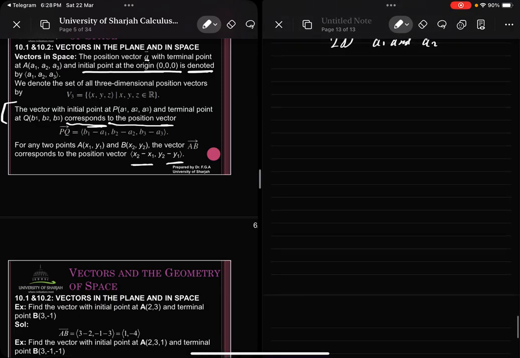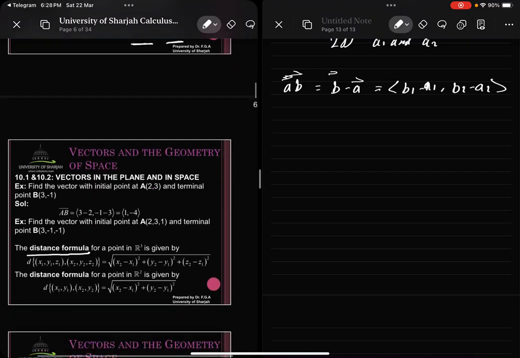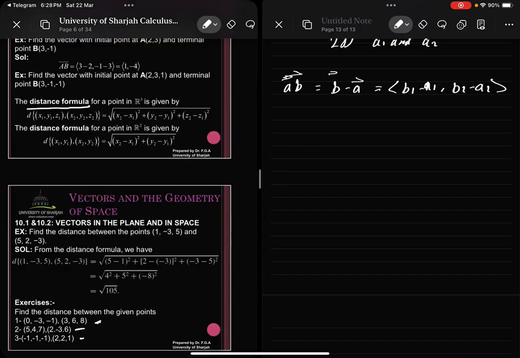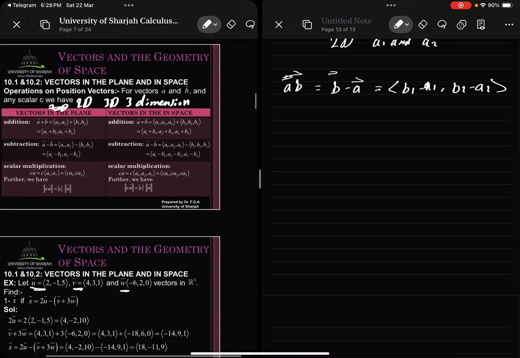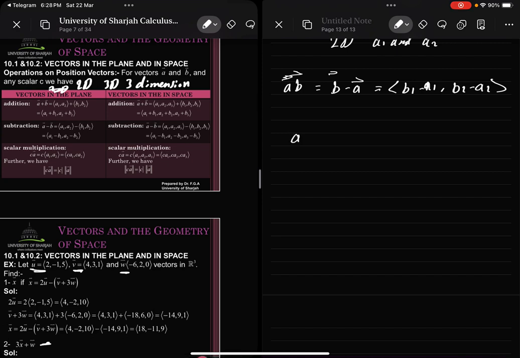We learned subtraction: if we have AB, that means B minus A, which is B1 minus A1 and B2 minus A2.